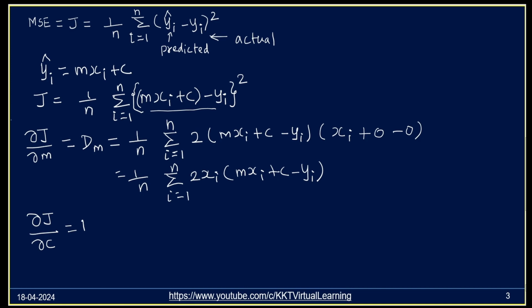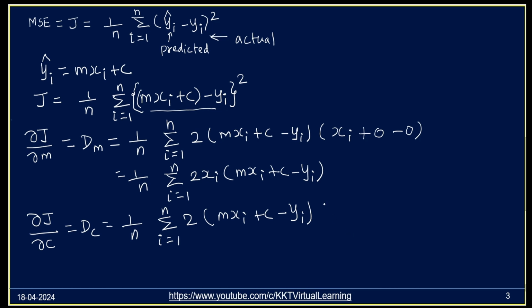Similarly, differentiate J with respect to c. Let it be dc. You will get 1 by n is constant, put as it is. Then sigma i is equal to 1 to n. Then here you put 2 into (m xi plus c), and this minus yi will be as it is. Now differentiate this with respect to c.